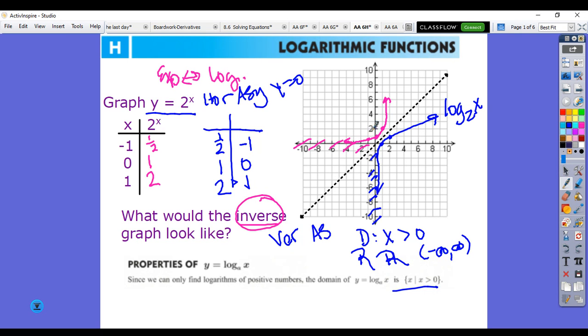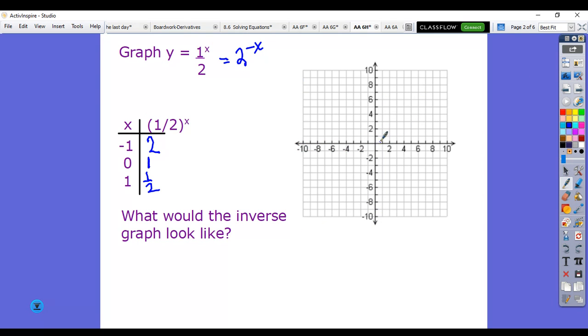What that does with this pink graph is it flips everything over the y-axis. So let's think about that. -1, 2, 0, 1. So it looks like this. That's your exponential decay with an asymptote along the x-axis.